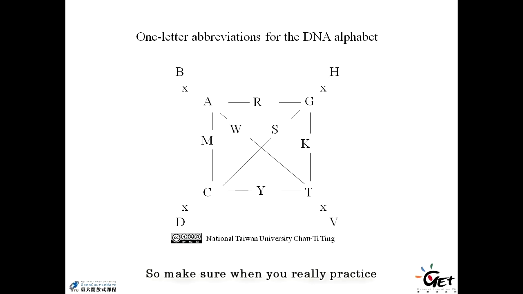So when you really practice sequence analysis, you have to know the requirements of each program. If you think it's too hard to memorize, it doesn't really matter. You can write it on a Post-it note and put it on the side of your computer, so it is convenient to use the single letter abbreviations.